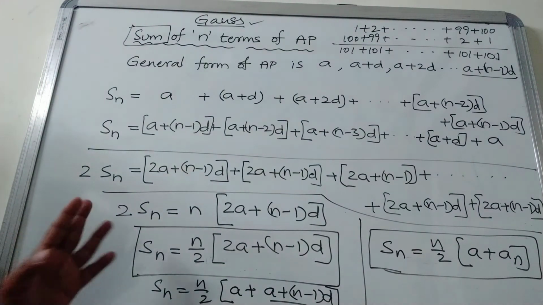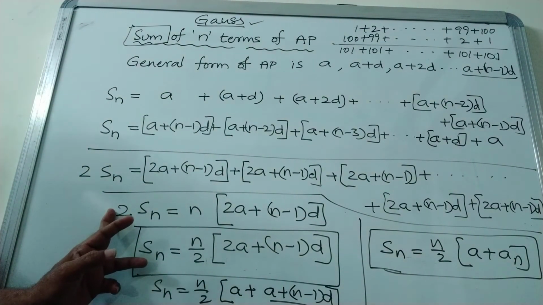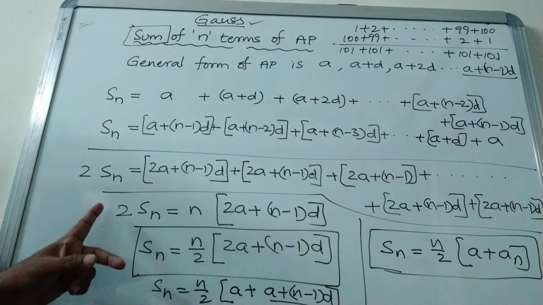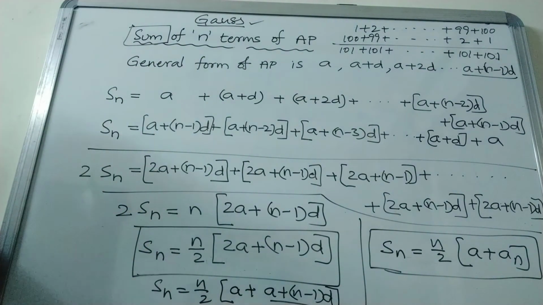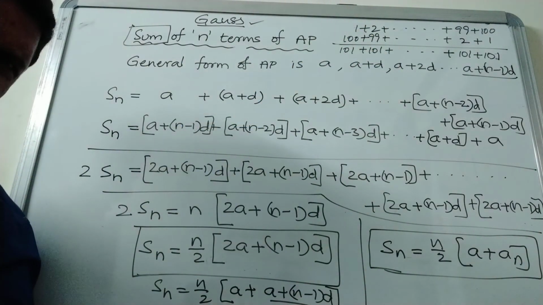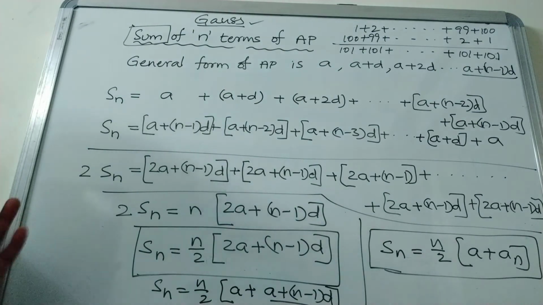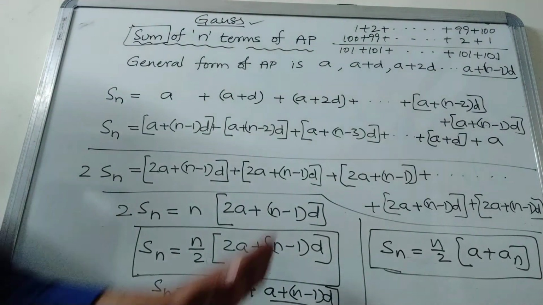As Gauss said, 2 times I added, so this 2 I sent to this side. So Sn is equal to n by 2 of 2a plus n minus 1 into d. Then Sn is equal to n by 2 of a plus n minus 1 into d, and this a plus n minus 1 into d is nothing but the nth term of AP.